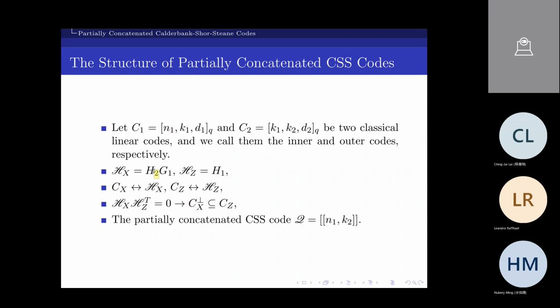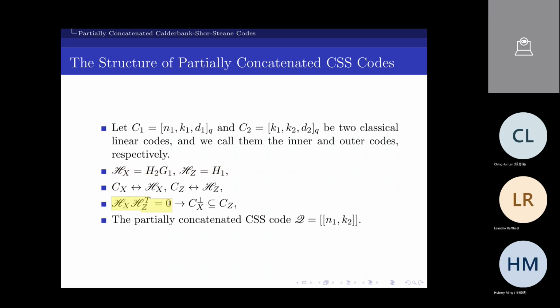Also, H2 is the parity check matrix of C2. Yes, the structure is very simple, and in some sense it seems very trivial, because it is very easy to verify that HX multiplied with the transpose of HZ is a zero matrix.